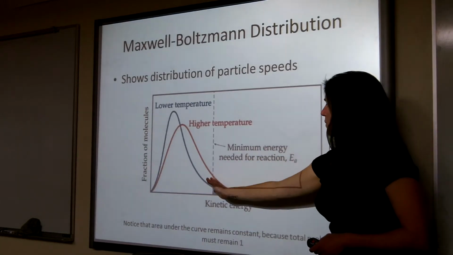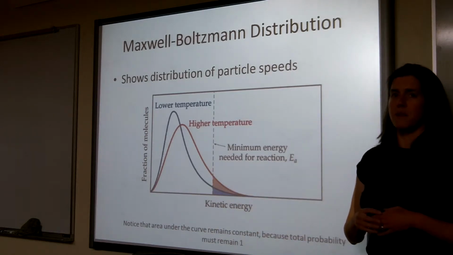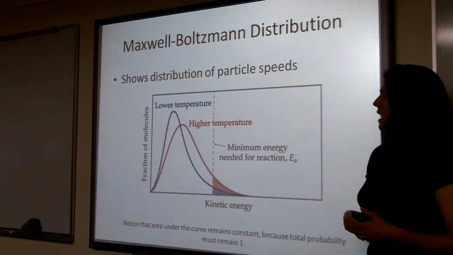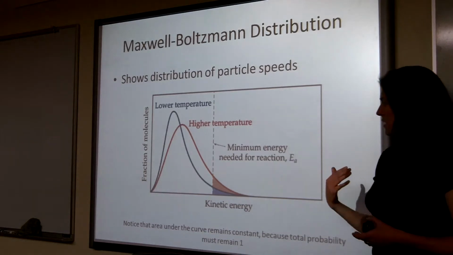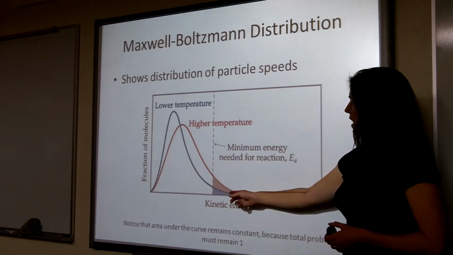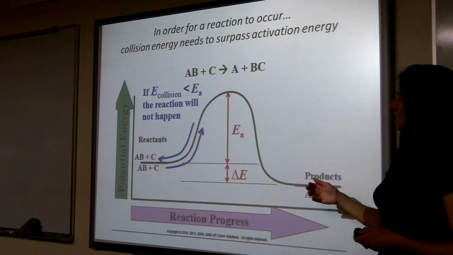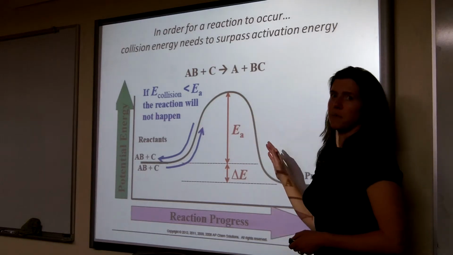So let's say this point right here is the activation energy for a given reaction. It's the minimum energy required to react. As the temperature of your sample increases, you're going to have a greater percentage of particles that have the energy required to get up and over this hump right here we were talking about.